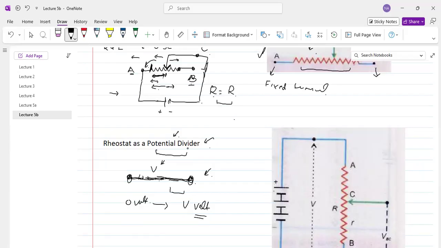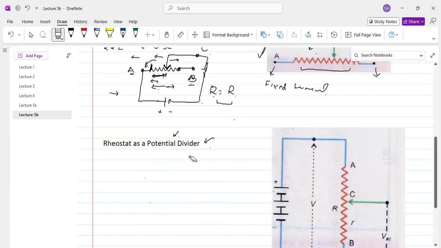So let me show you how we can use this rheostat as a potential divider. The circuit diagram for the rheostat as a potential divider is shown in the figure.